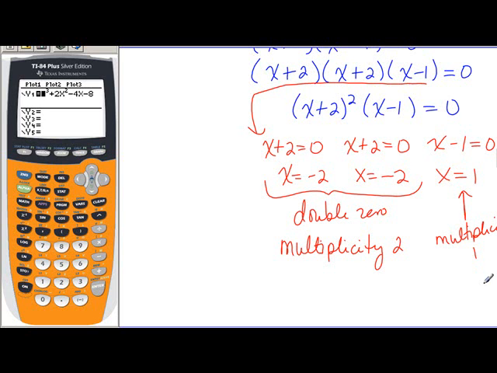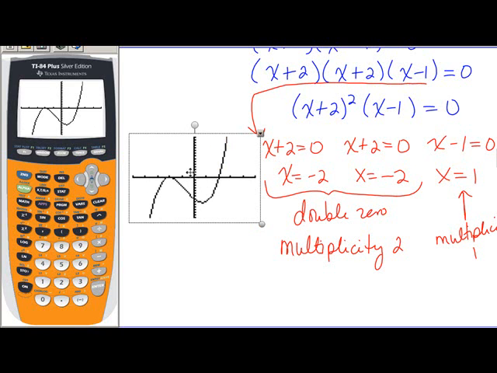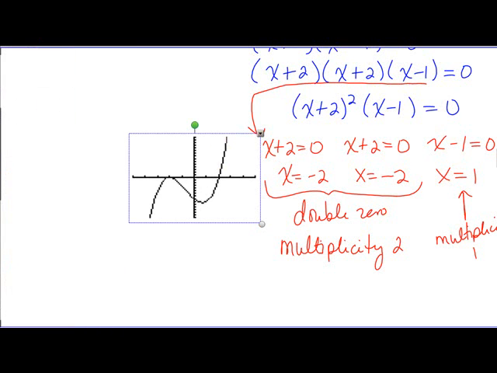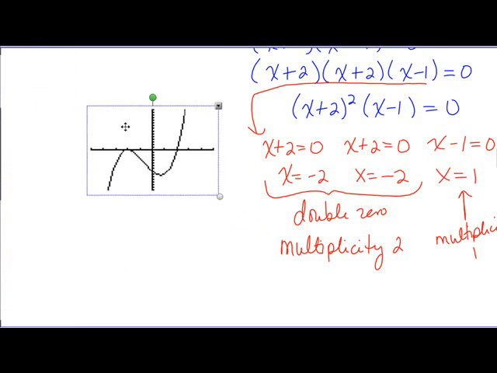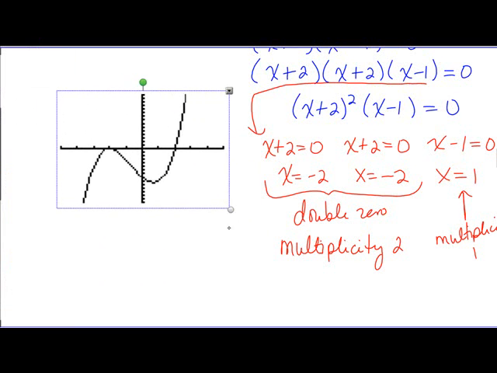Now, what I want you to do next is take a look at a graph of this function. I've already got it entered in my calculator and the viewing window set up so it's going to look nice. So let me go ahead and graph that. Okay. Get the calculator out of the way here. Move, calculator. There we go. Okay, zeros tell you where the x-intercepts are.